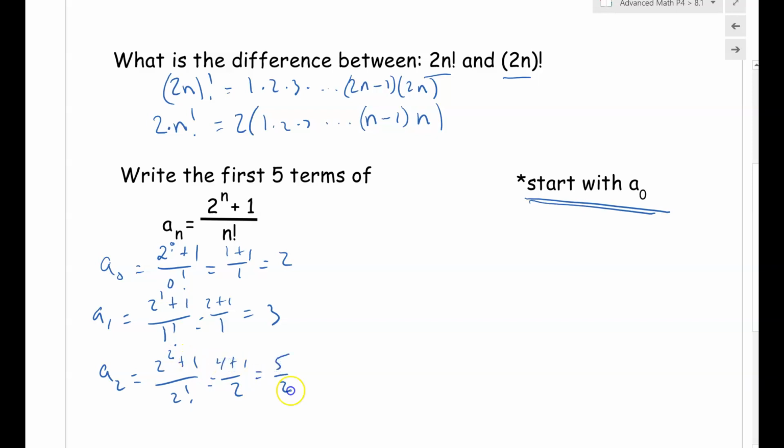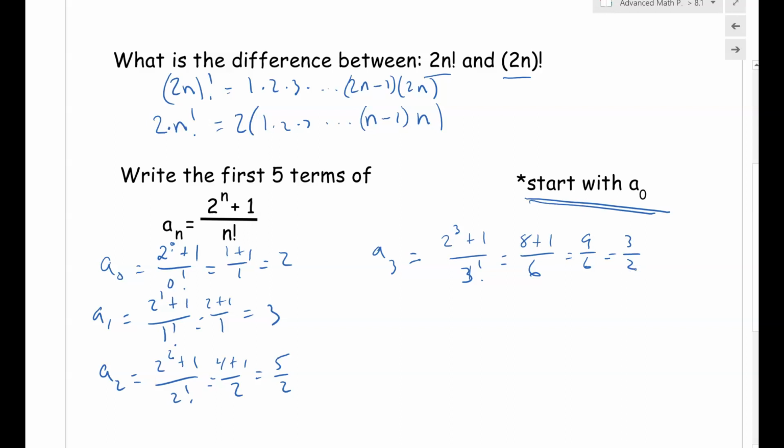So we get 5 over 2, or you could do it as 2.5. All right, so then third term is 2 to the third plus 1 all over 3 factorial. 3 factorial is 6. And this would give me 8 plus 1. So that's 9/6, which you'd reduce to 3 over 2, or 1.5.